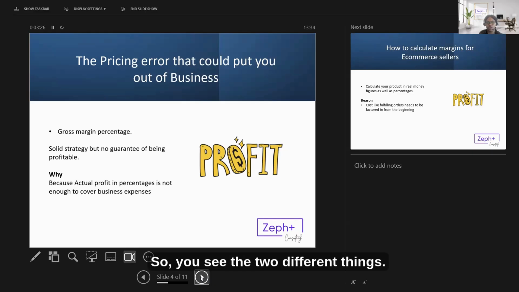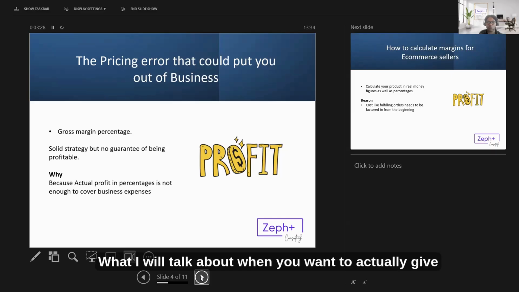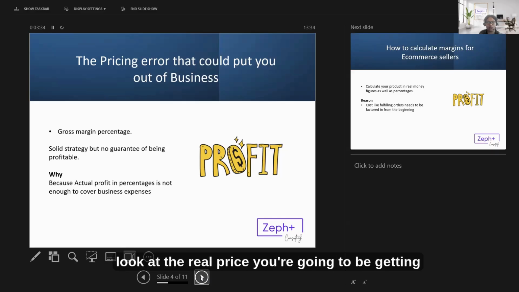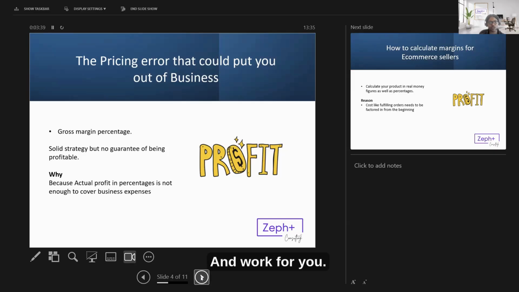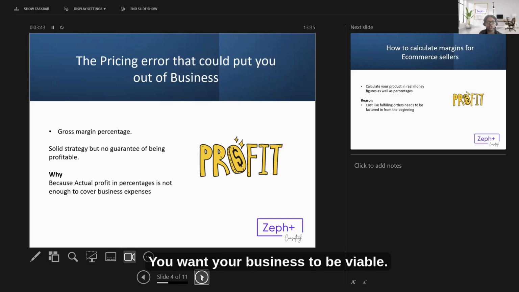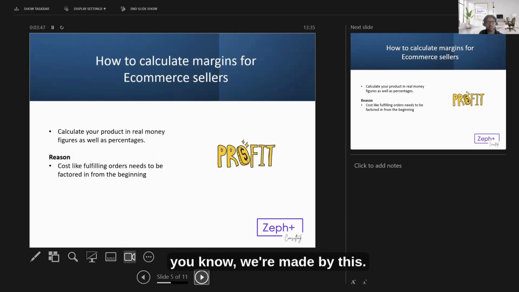Do you see the two different things? When you want to give a price to your product, don't always look at the margin. Also look at the real money you're going to be getting to make your pricing work for you, because at the end of the day, you want your business to be profitable and viable.